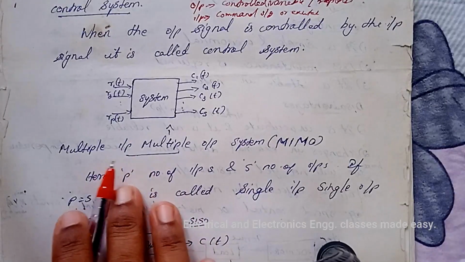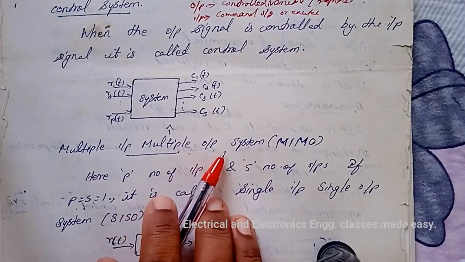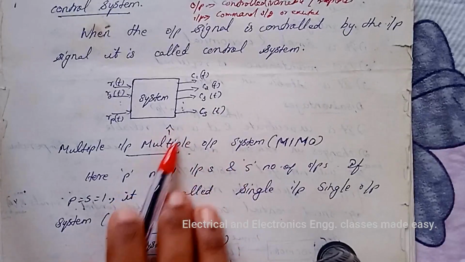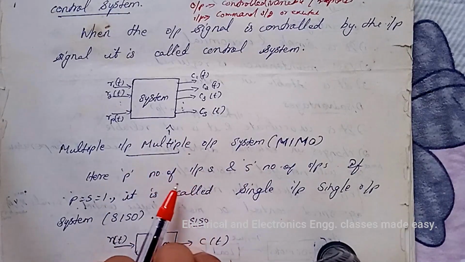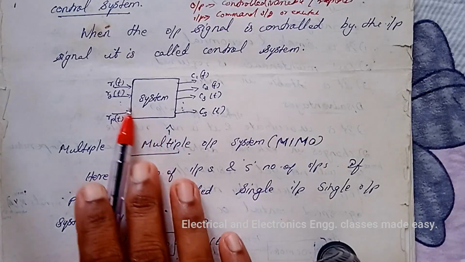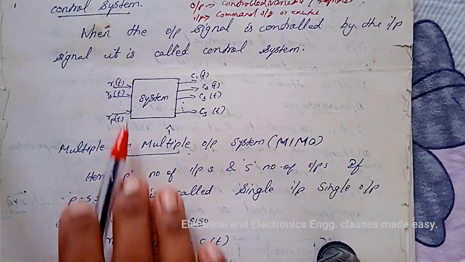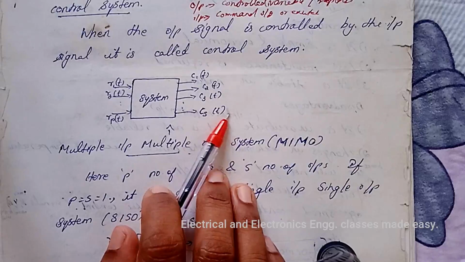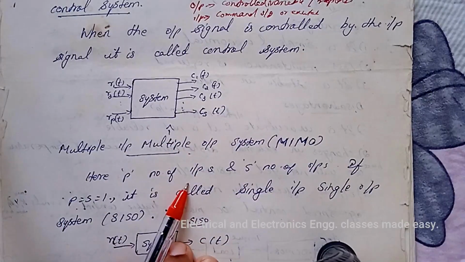And next is about multiple input, multiple output system, MIMO. So here there will be a number of inputs, that is P number of inputs and S number of outputs in a system.